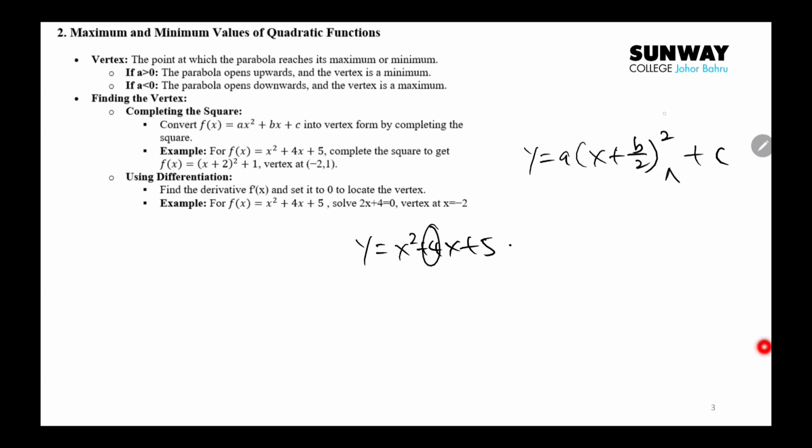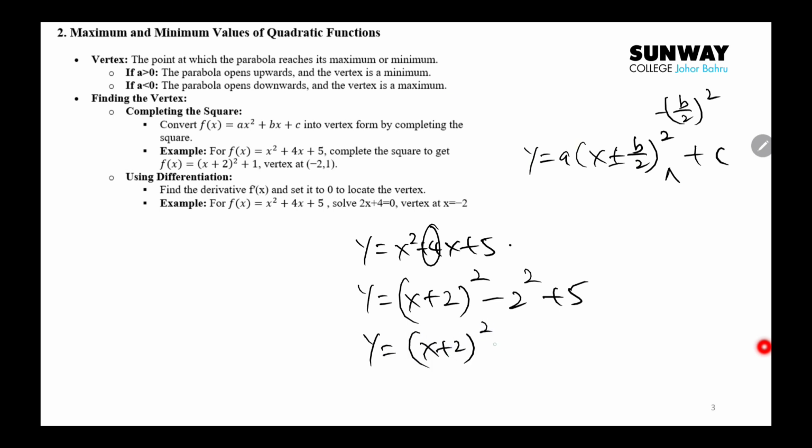And once you have added that b over 2, you have to subtract b over 2 squared, because that is generated from the perfect square expansion. So in this case, y equals (x plus 2) squared minus 2 squared plus 5. So y equals (x plus 2) squared minus 4 plus 5, which gives y equals (x plus 2) squared plus 1.